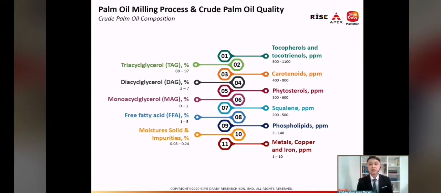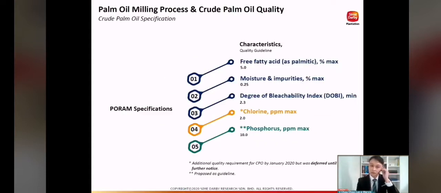On the left side, there are also antioxidants present in the oil: tocopherol, tocotrienols, carotenoid, phytosterol, squalene, and also some phospholipids and metal traces, which are copper and iron. I show you this crude palm oil composition because some of these compounds might affect the formation of 3-MCPDE and GE later.